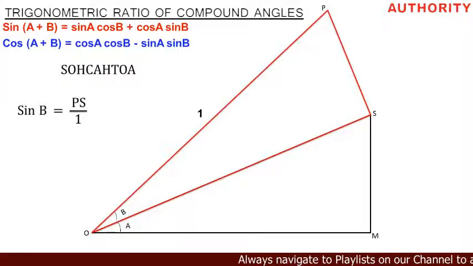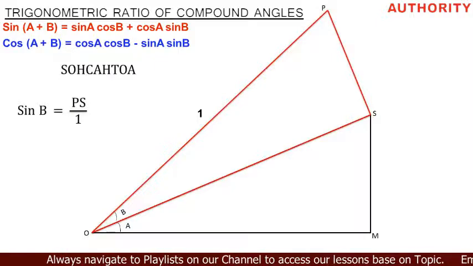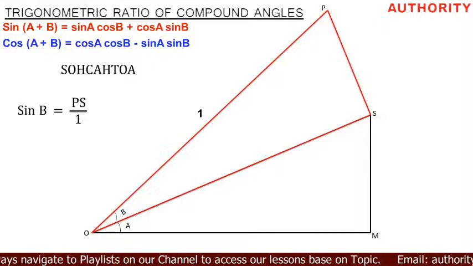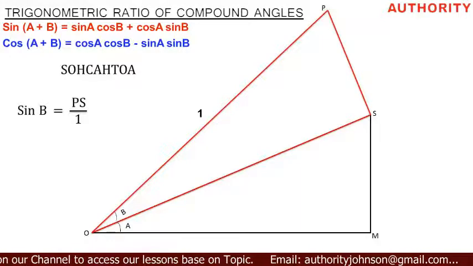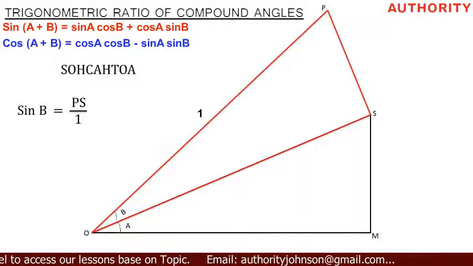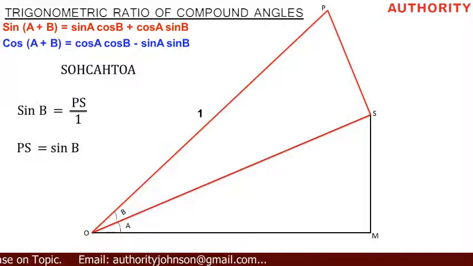Our opposite is PS, and our hypotenuse is 1. So we are looking for line PS. So we can say that PS is equal to sin B. Now let's label PS to be sin B. Alright, good.